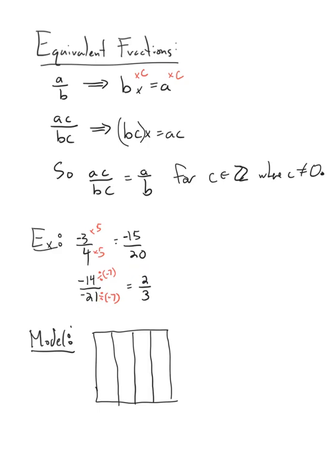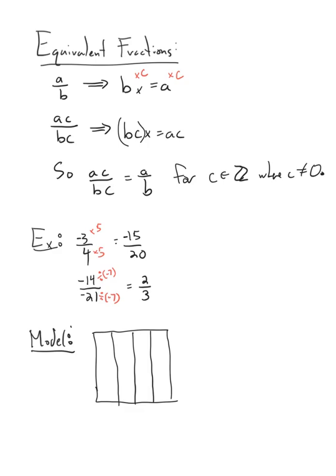And negative 21 divided by negative 7 is 3. So we get that negative 14 over negative 21 is equivalent to the fraction 2/3. In some sense, we can say they describe the same quantity. They're just synonyms of each other.